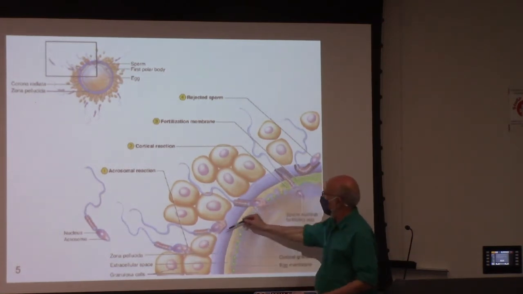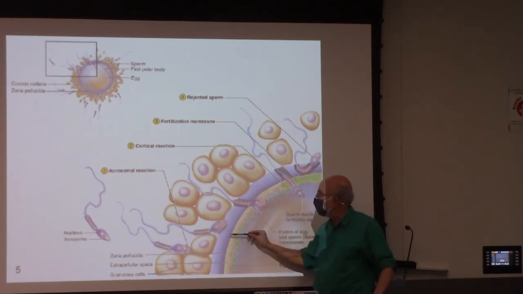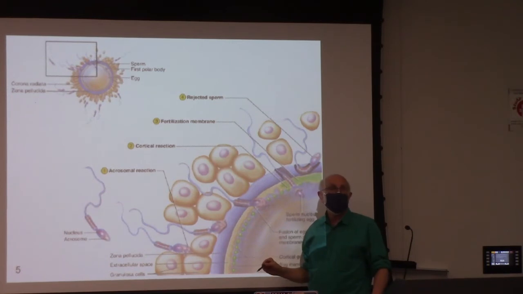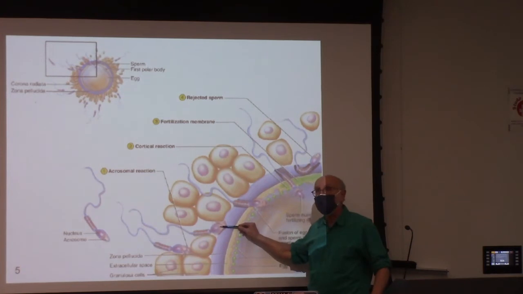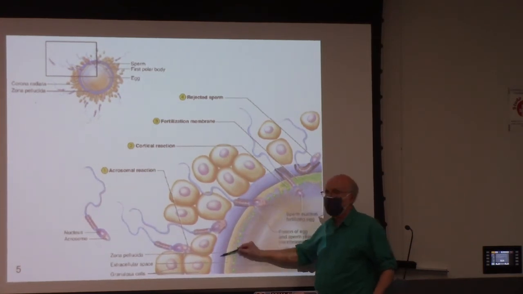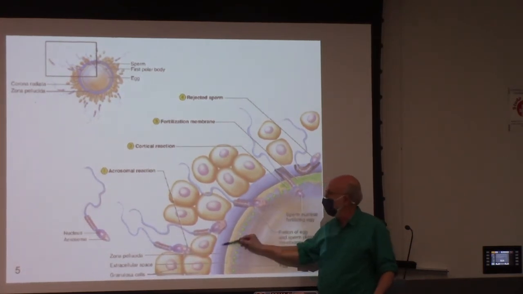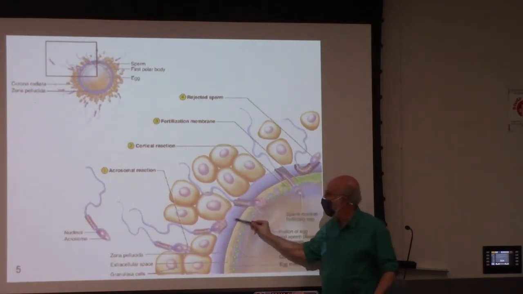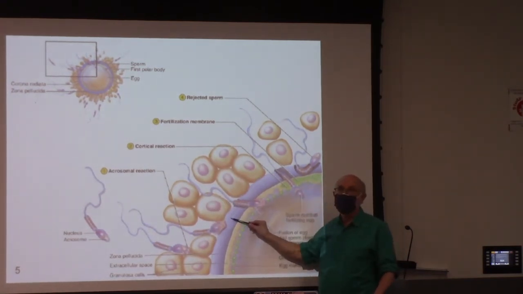And if the sperm is already through the corona radiata and starting to make contact with the zona pellucida, those enzymes will start to break down the zona pellucida. So we have basically proteolytic and carbohydrate hydrolyzing enzymes released by the sperm acrosome to work its way through the corona radiata and the zona pellucida.